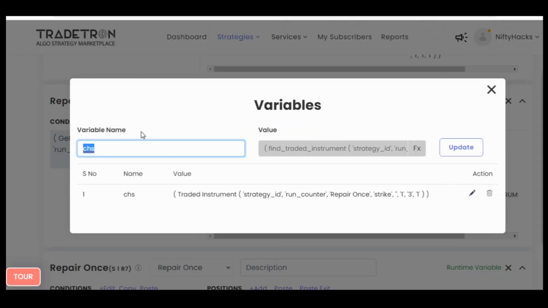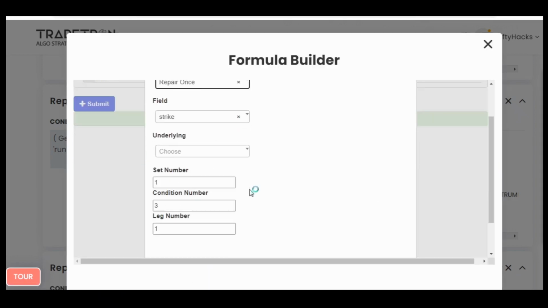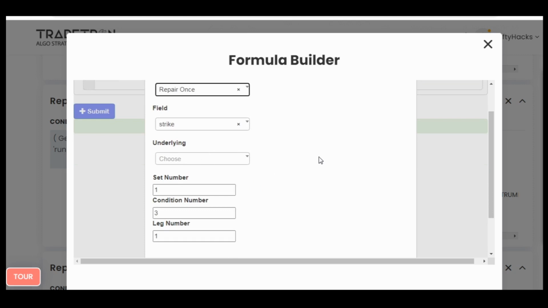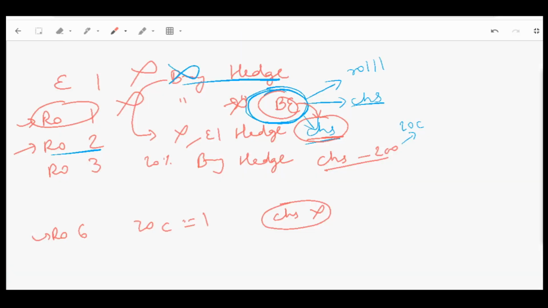As soon as that happened, I have provided the CHS value to RO3 strike, enter underlying everywhere. Don't forget to enter the underlying. So from now onwards, our CHS will be the RO3 hedge strike at this moment.